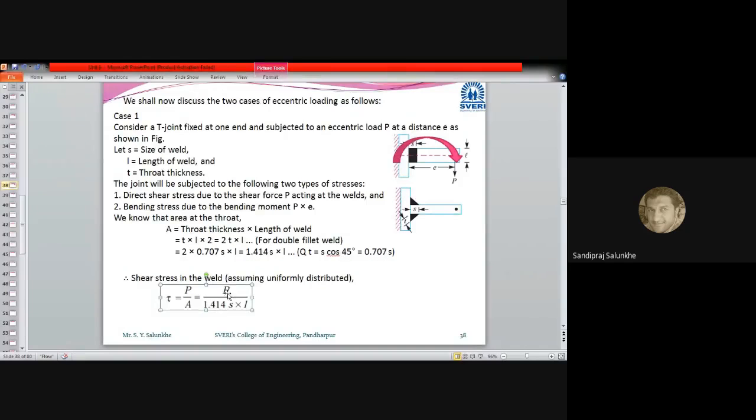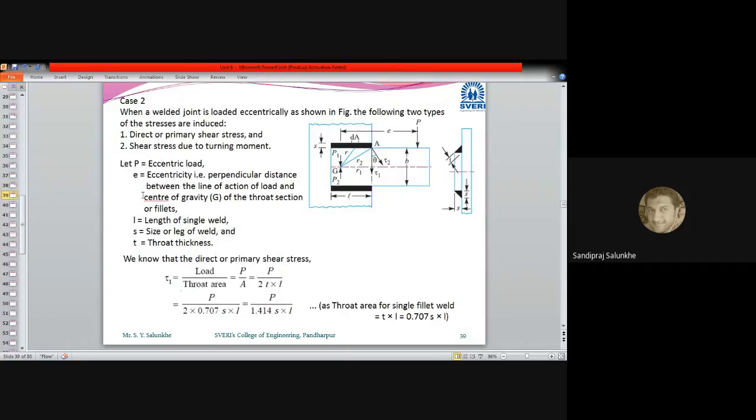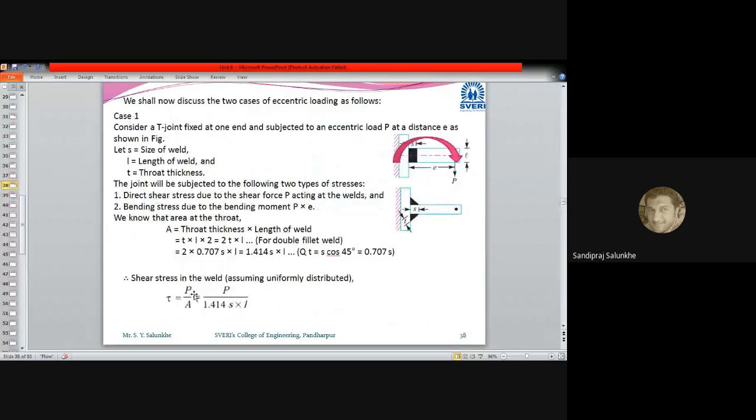So tau is equal to force, that is P which is applied, divided by, in terms of S, 1.414 S into L. Here we have to calculate the S and L values. This shear stress is considered, and the joint is designed for the maximum stress.